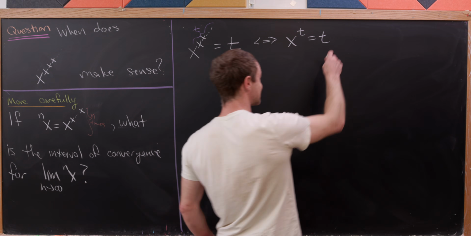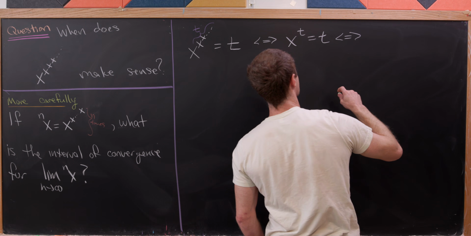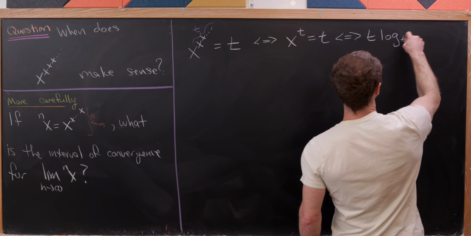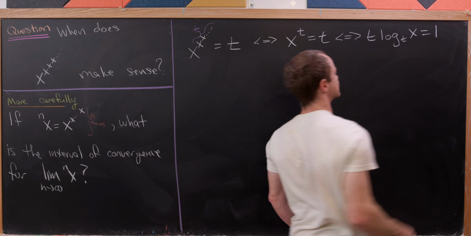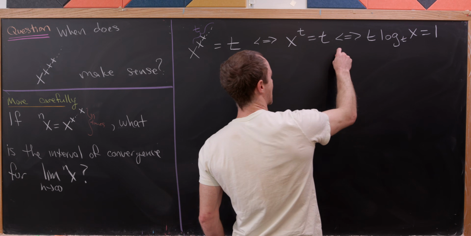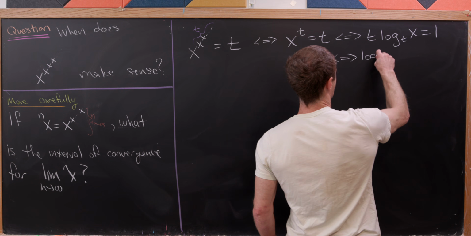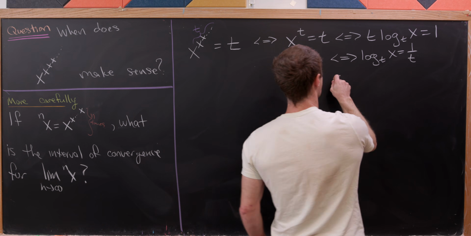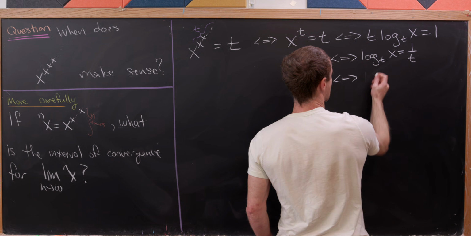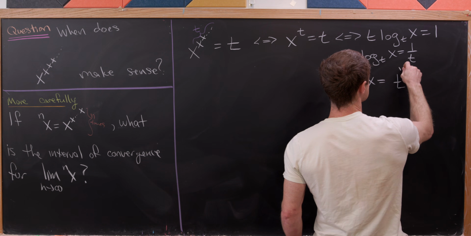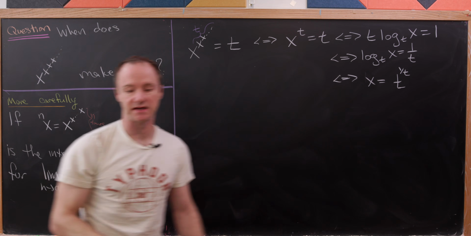But observe, that's equivalent to, after taking the log base t of both sides, t log base t of x is equal to 1. So I just took the log base t of both sides. But now that's equivalent to saying that the log base t of x is equal to 1 over t, or more carefully, x is equal to t to the power 1 over t.